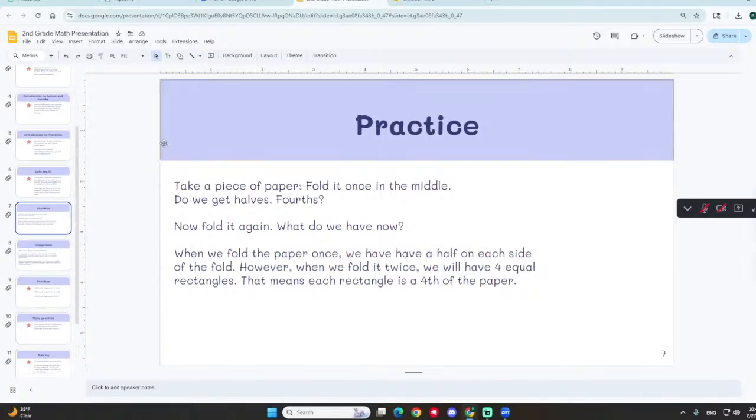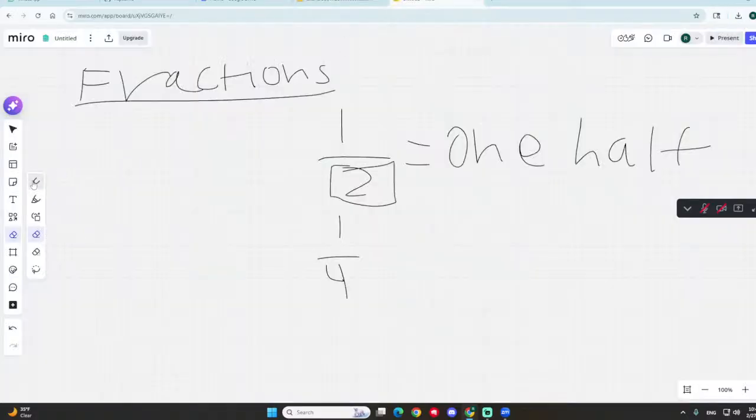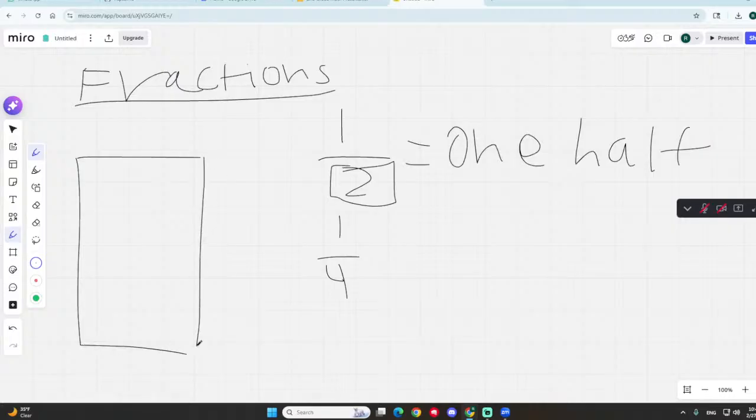Okay, so now let's do some practice to get more familiar with fractions. Take a piece of paper, fold it once in the middle. Do we get halves or fourths? So let's imagine this is a piece of paper. Fold it down the middle, and then tell me, do we get halves or fourths?